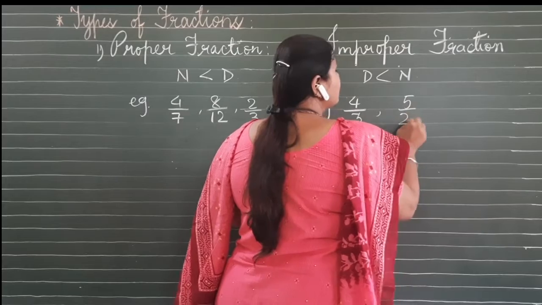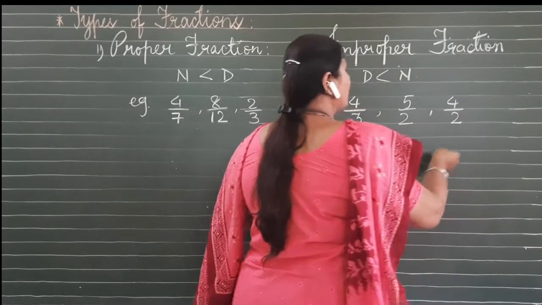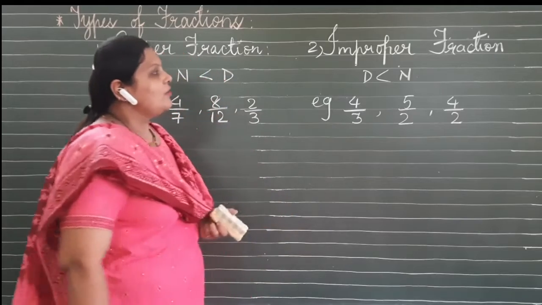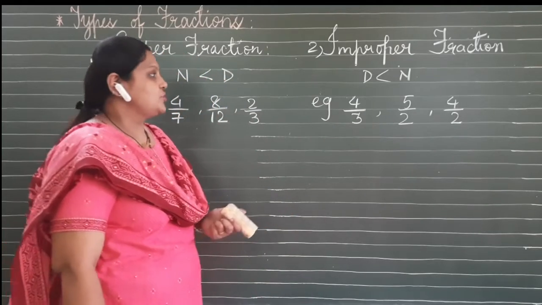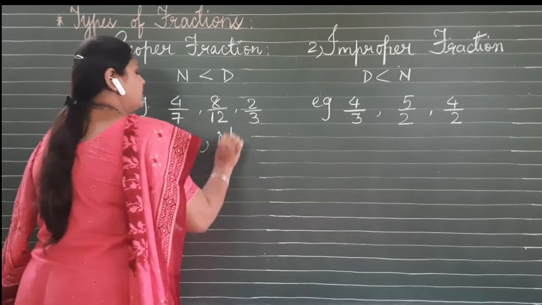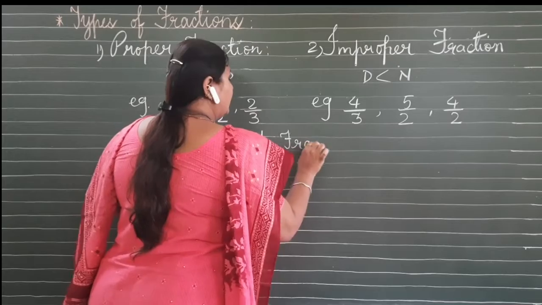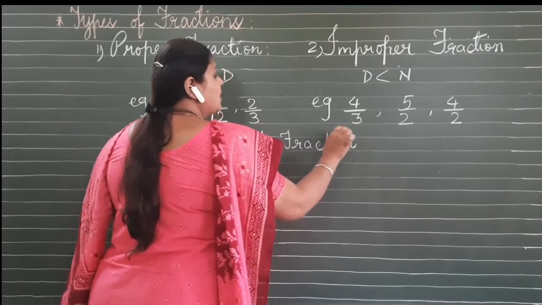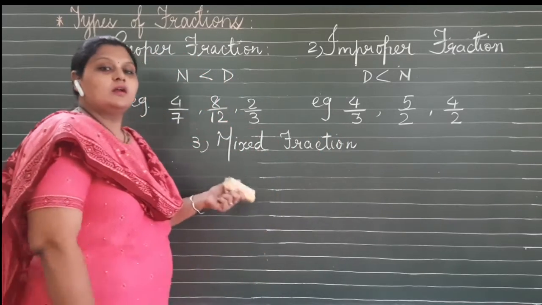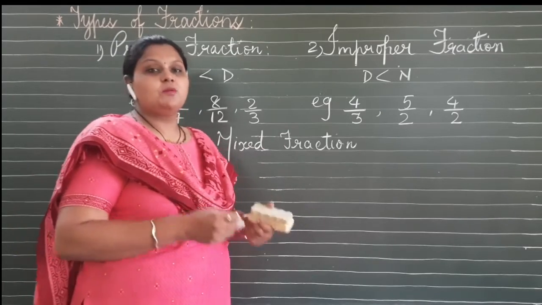5 upon 2, 4 upon 2. These are the example of improper fraction. Now next is mixed fraction. Mixed fraction means it includes whole part as well as fractional part.